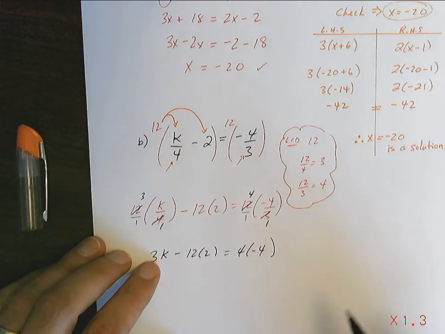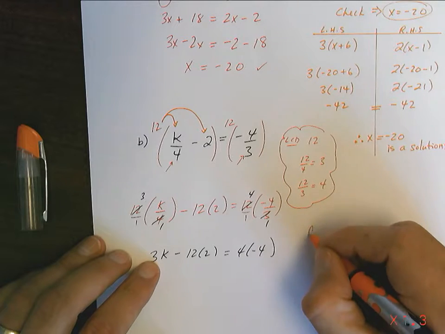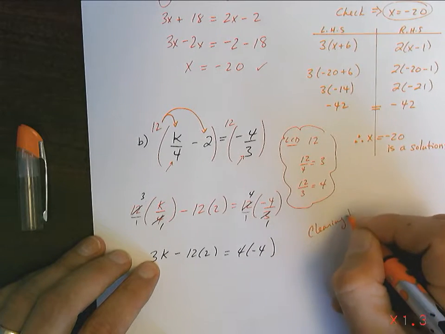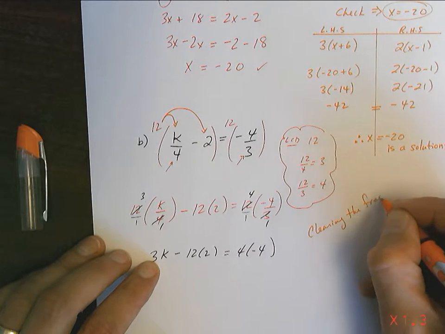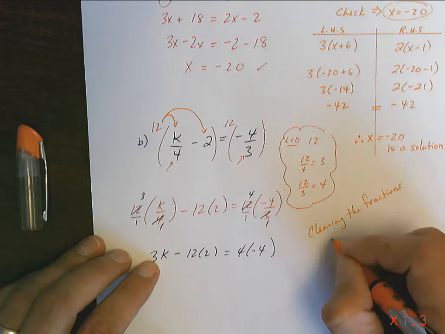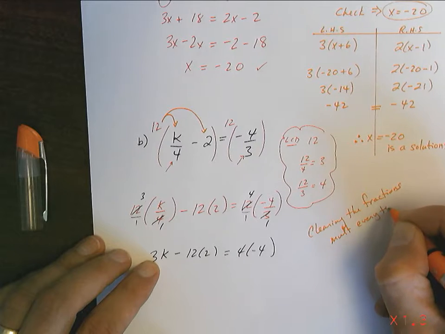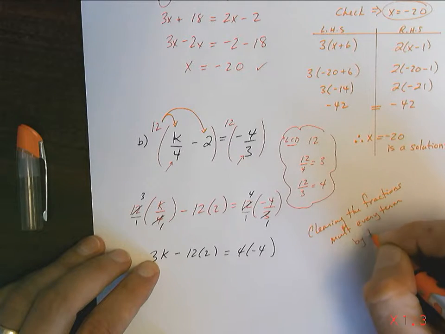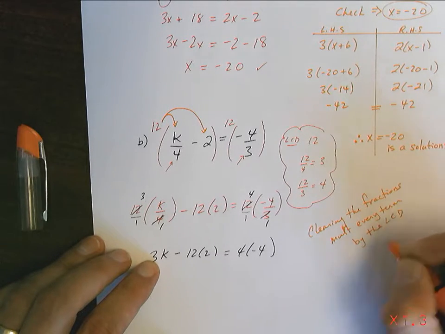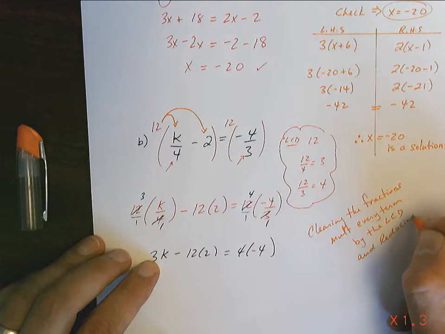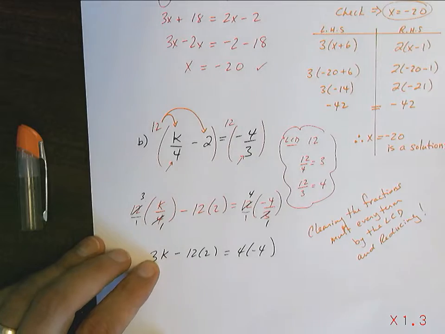So we have done something that I like to call clearing the fractions. And you do that by multiplying every term by the LCD and reducing. So that's a pretty important concept.